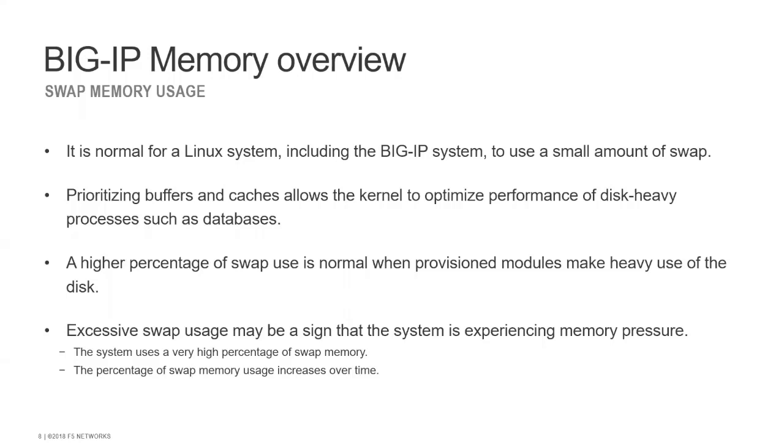So you should investigate in the following cases: if the system uses a very high percentage of swap memory, the rule of thumb being 300 megabytes of swap. Above that, it should be investigated. And if the percentage of swap memory usage increases over time.